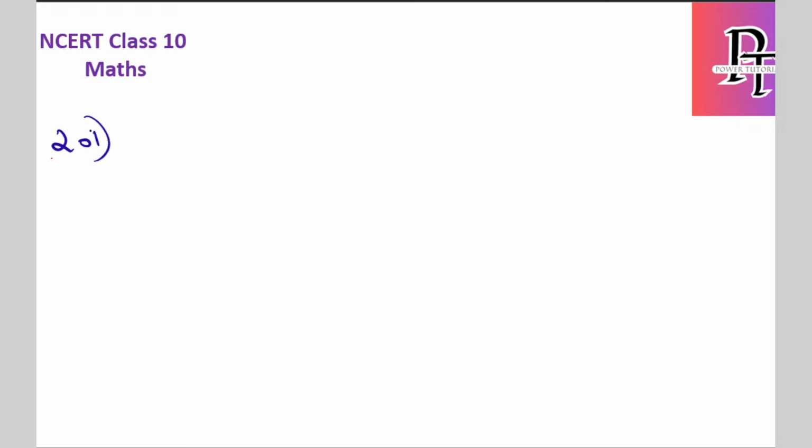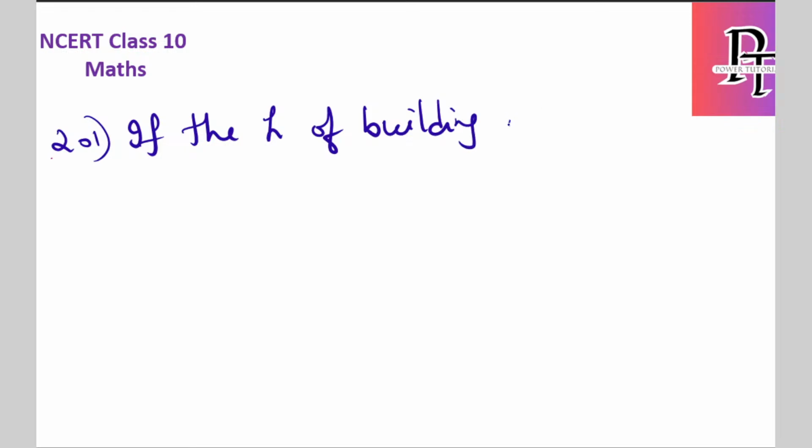201st question. If the height of the building, okay, again heights and distance questions. So if the height, I'll just write h, of the building is 10, from a point x meters away from it.